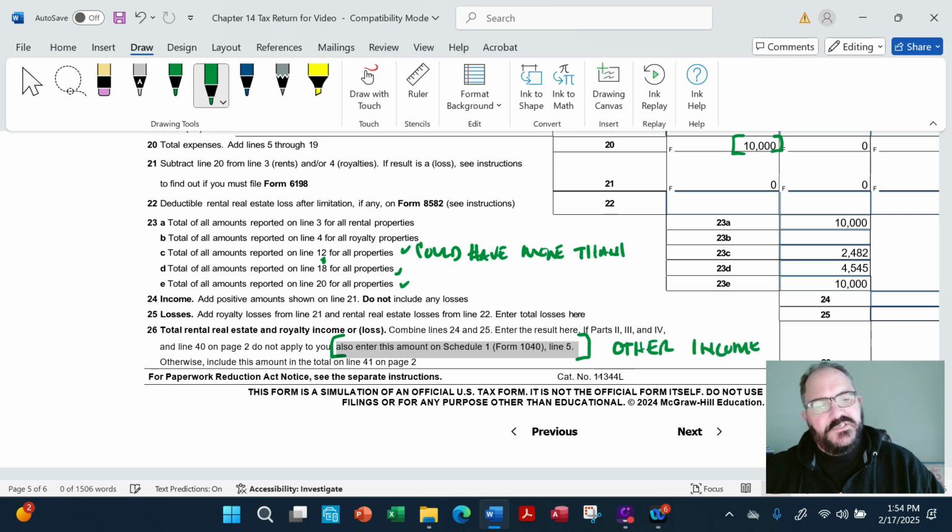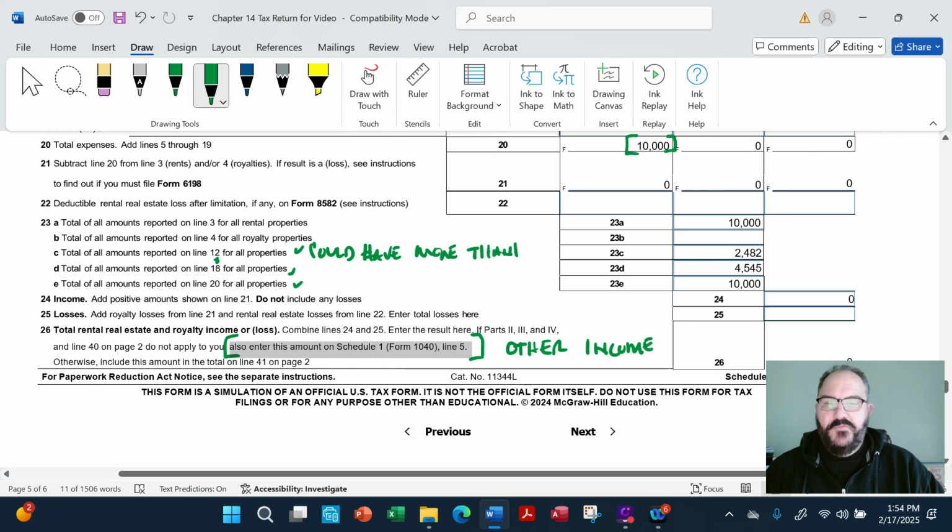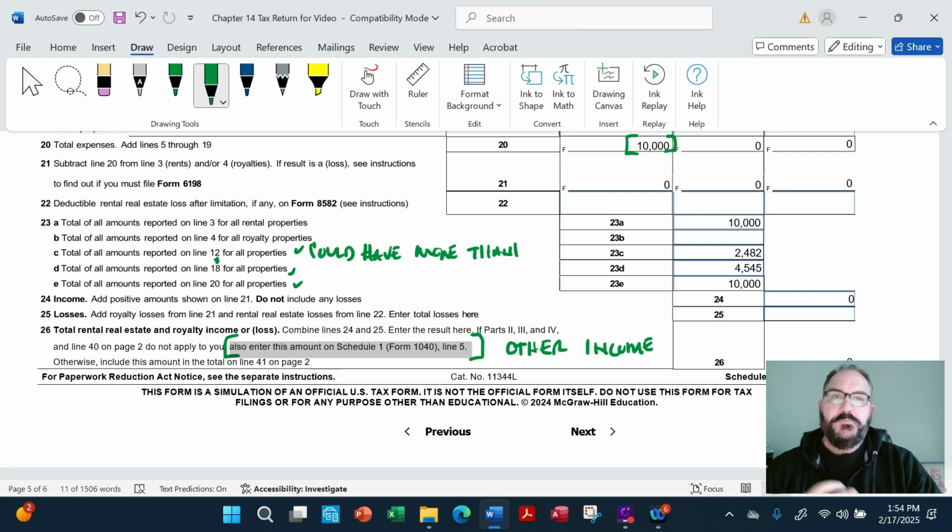Okay, so it's saying take this bottom number over here, whatever it turns out to be, and move that over to line 1. And in this case, it's 0. There is no other income because basically what you had took in money. Once you deducted everything, no profit. So basically her revenue and expenses petered out, and she has a bit of a loss carry forward.